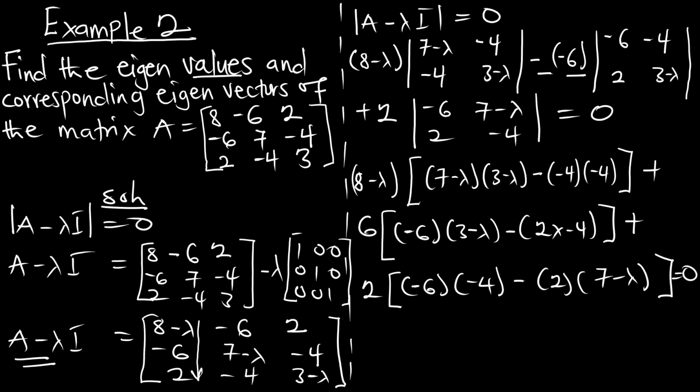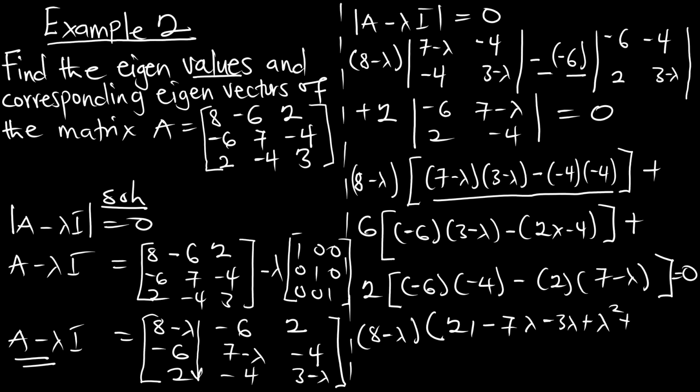So if you reduce this further, you are going to get 8 minus lambda, the first bracket. If you open it, you are going to get 21 minus 7 lambda minus 3 lambda plus lambda square plus 16. That's negative 16.